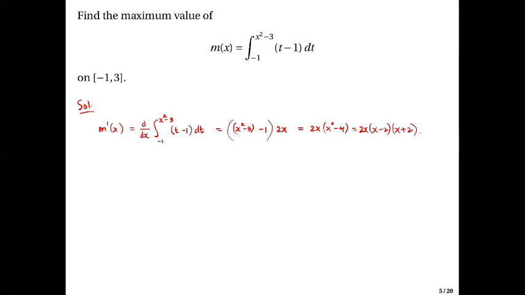So critical numbers: we have m prime of x equals 0 when we have 2x times x minus 2 times x plus 2 equal to 0.